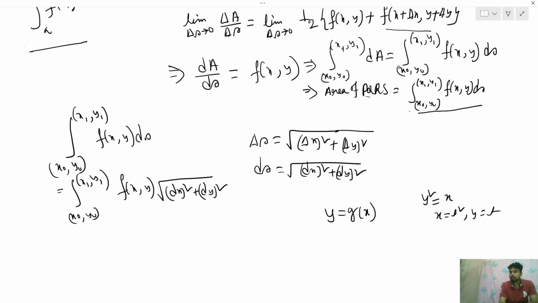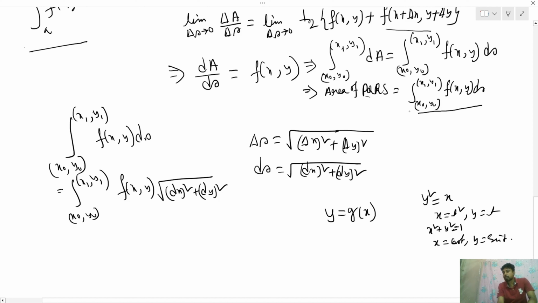Suppose it is given that the curve is x squared plus y squared equal to 1. So the parametric form of this curve will be x equal to cos t, y equal to sin t, where t is the parameter. So here we consider the curve is y equal to g x. So for this curve, we will get a parametric equation.